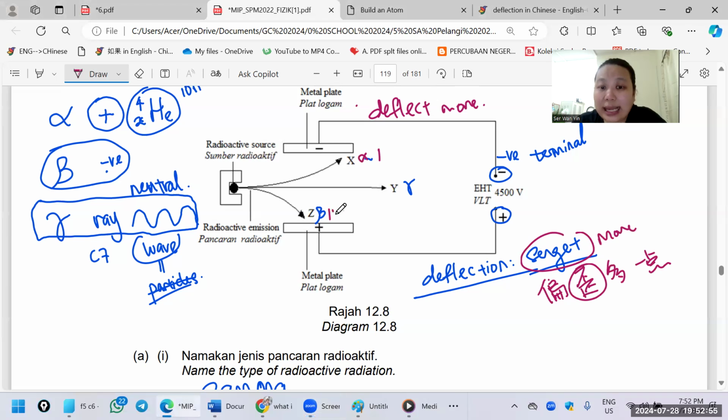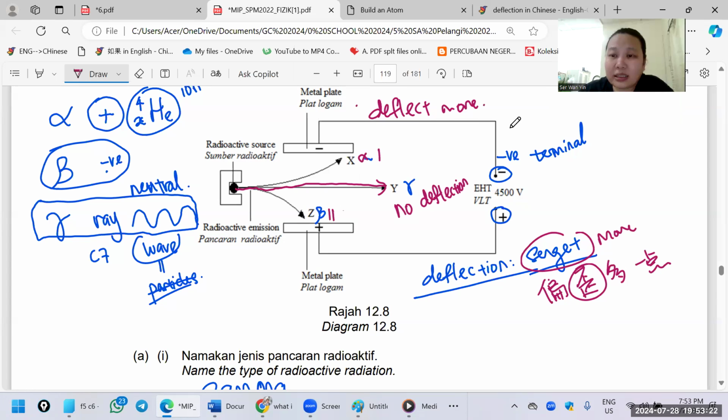Yeah, actually it's Z. Z bends more. This one does not bend at all, so we say this one has no deflection. Why do I keep mentioning this? Because I saw two types of deflection questions before. They are asking which one deflects more.